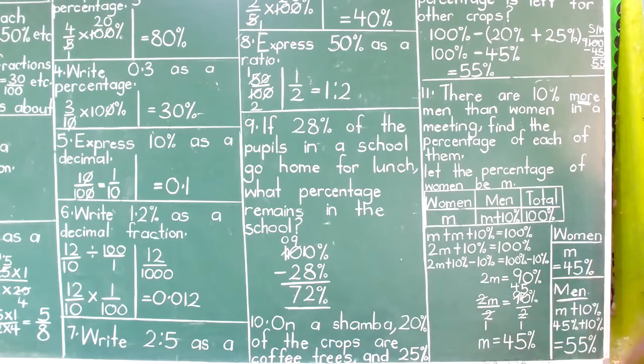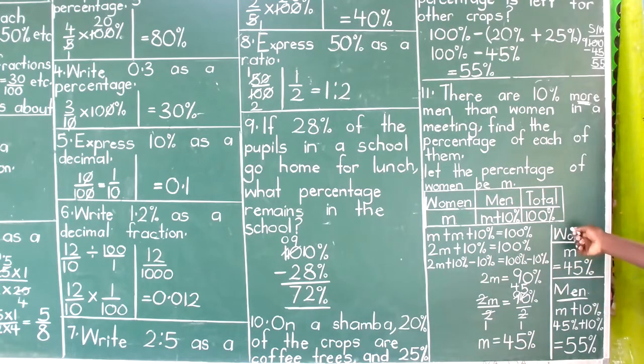We divide both sides by 2. So 2M divided by 2 equals 90 divided by 2, and 90 divided by 2 gives 45%. So M equals 45%. Now the question is to find the percentage of each of them, women's as well as men's.